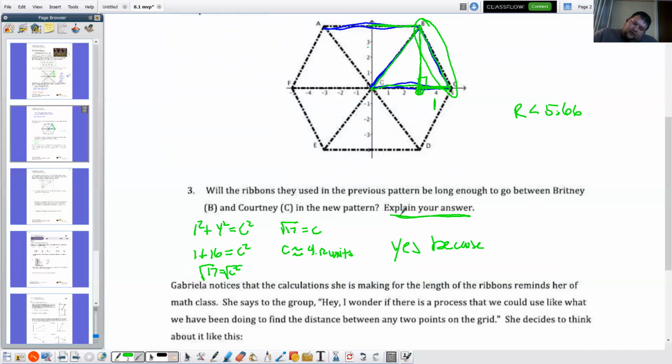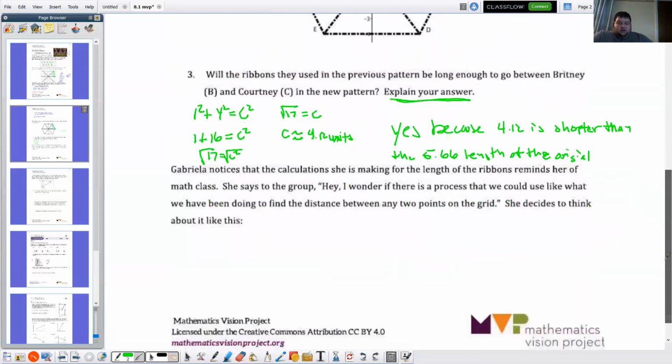Yes, because 4.12 is shorter than the 5.66 length of the original ribbon. Okay.